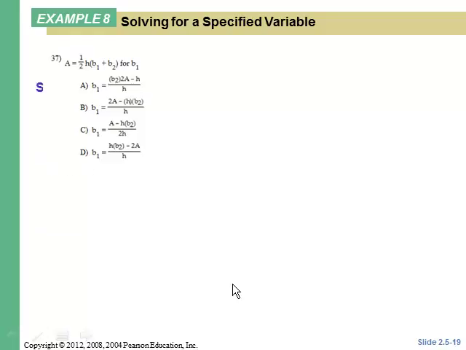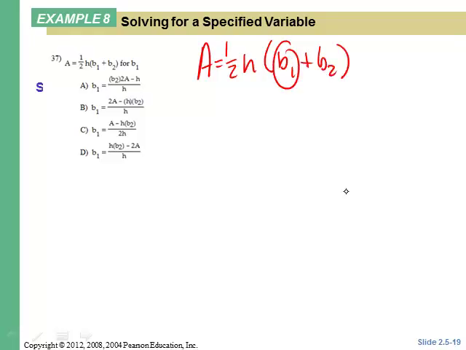Oh, another tough one. Try this one. I don't know why they always give you the hard ones on these multiple choice. A equals 1/2 H parentheses B1 plus B2, and we want the B1 all alone. Here's what I'm going to do. I'm going to multiply both sides by 2, and that'll take care of the H. So I'm not going to take out the parentheses first.